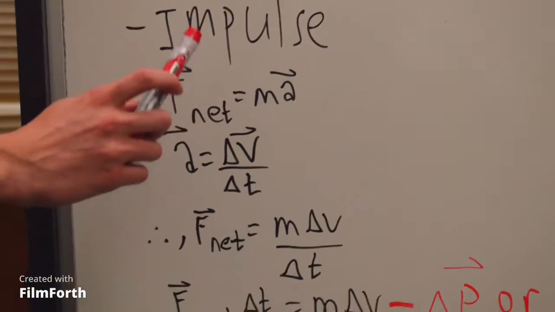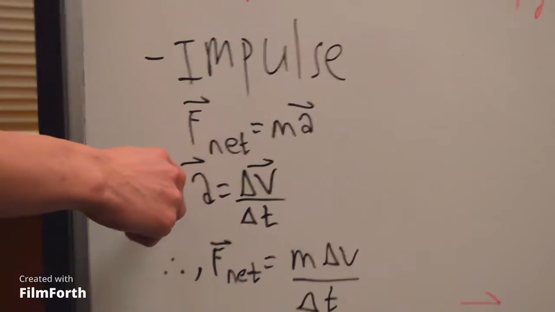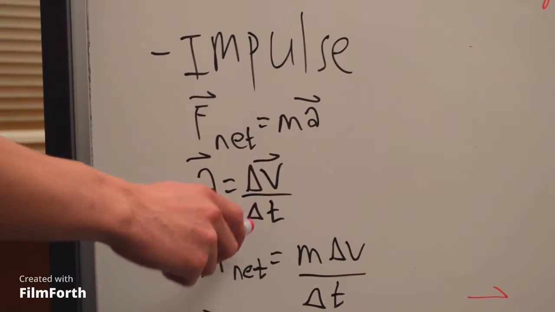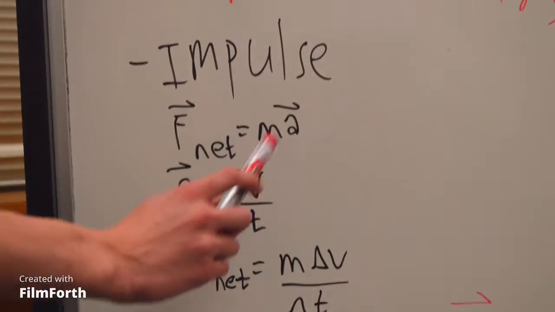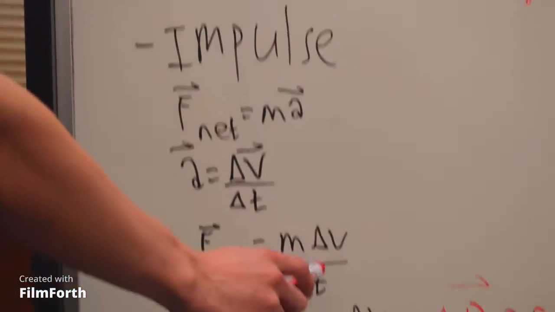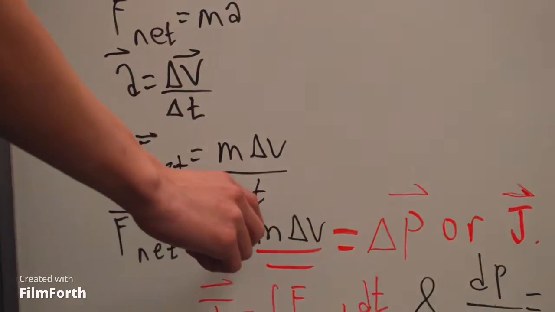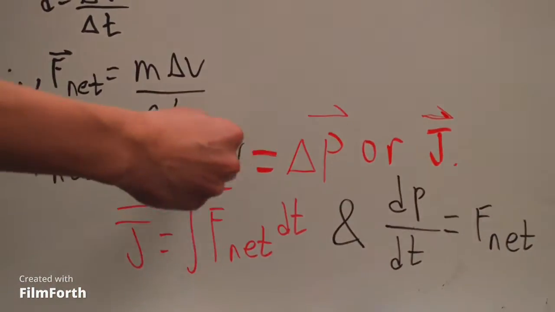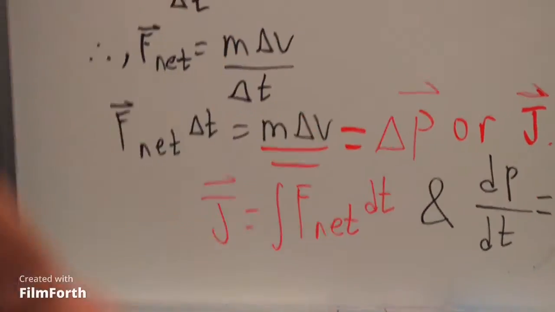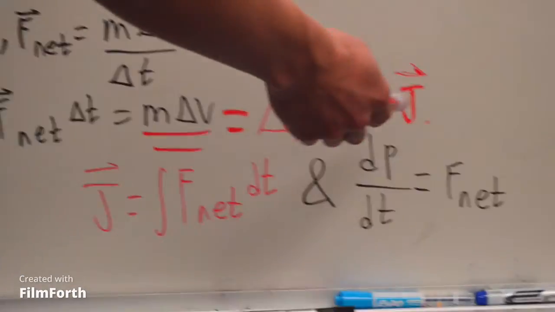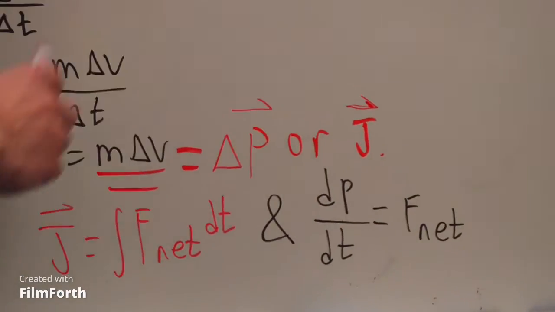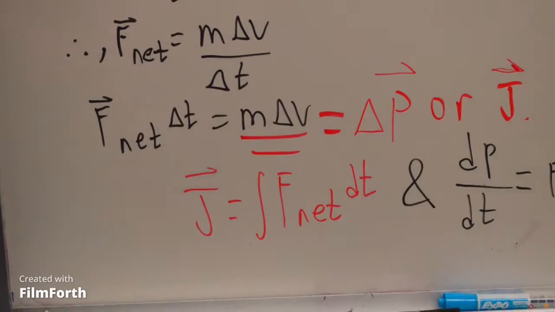And recall from kinematics that acceleration is change in velocity divided by change in time. Therefore, we can substitute a with delta v over delta t, and then if we multiply both sides by delta t, we get that F net times delta t equals m delta v. And notice how m delta v is just change in momentum. Or as we denote it in physics, we use J to denote F net times delta t, which is impulse.